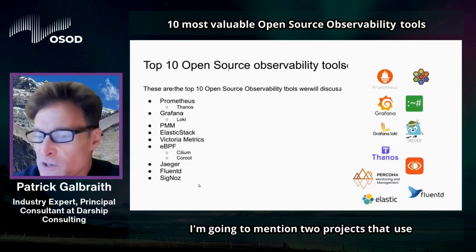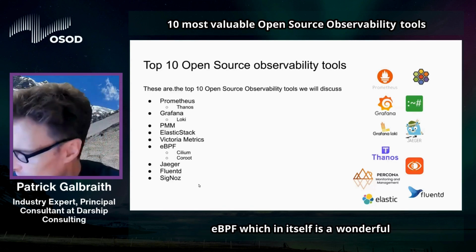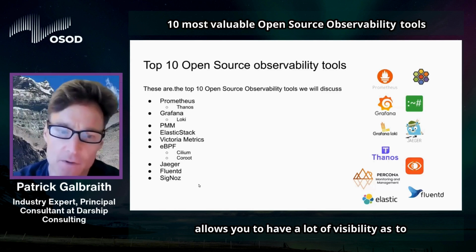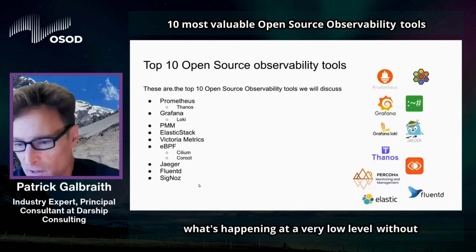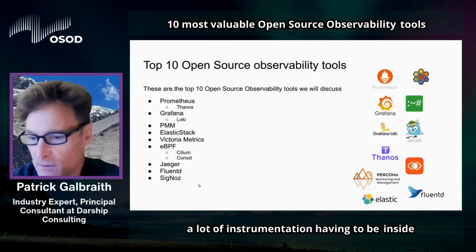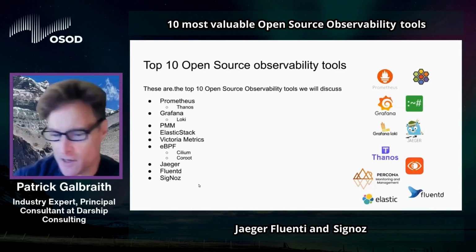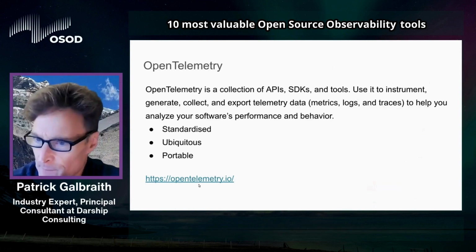I'm going to mention two projects that use eBPF, which in itself is a wonderful functionality within the Linux kernel that allows you to have a lot of visibility as to what's happening at a very low level without a lot of instrumentation having to be inside of the code. Jaeger, Fluentd, and SigNoz.